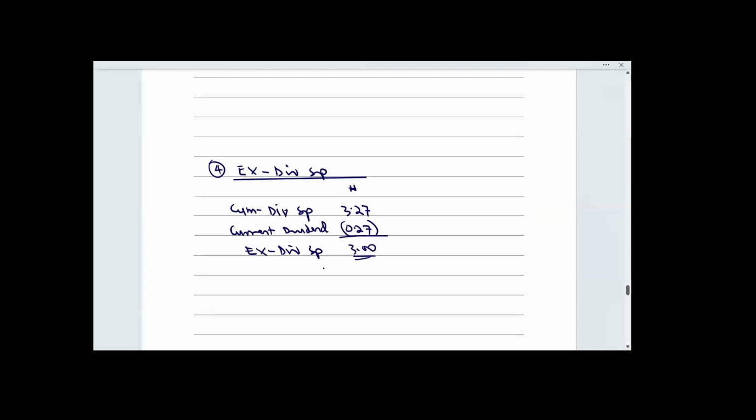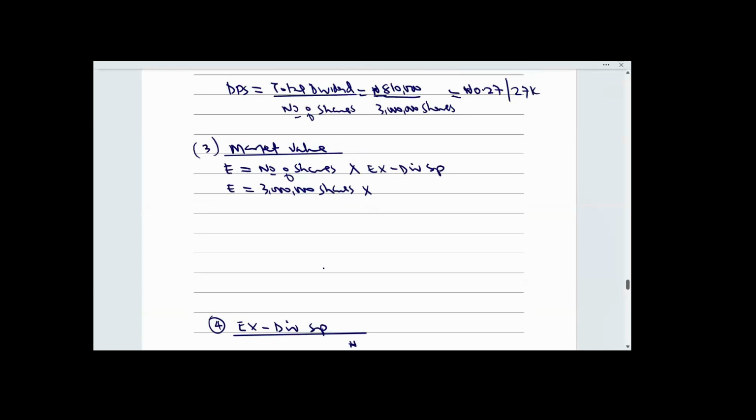So now that I have the XDIV share price, I can then proceed to calculate the market value. 3 naira times 3 million will give us 9 million. 9 million naira is the market value of equity.